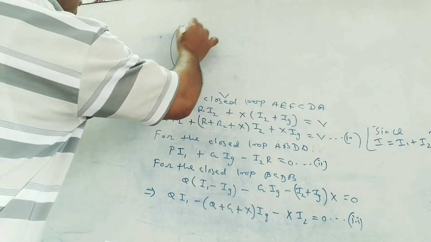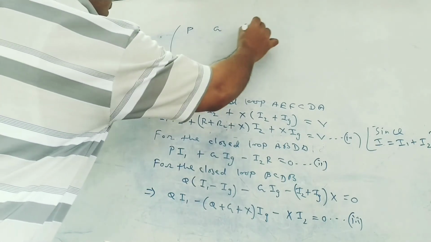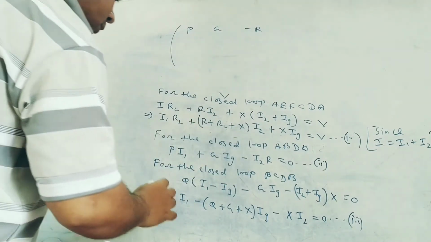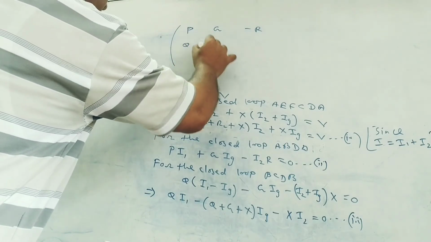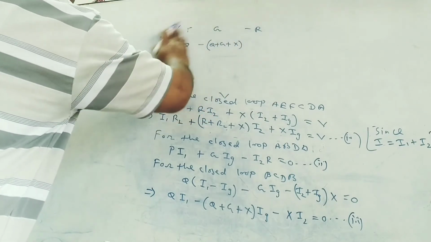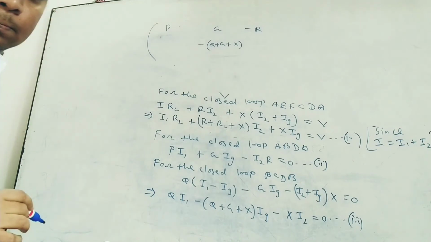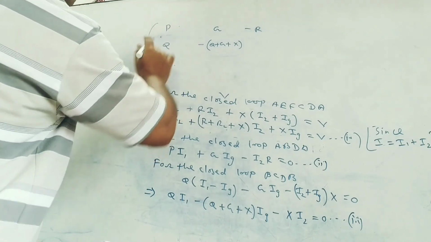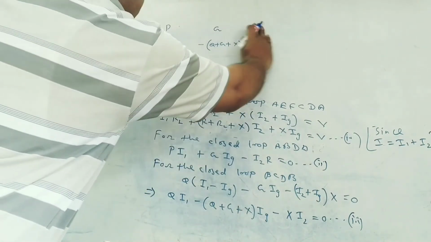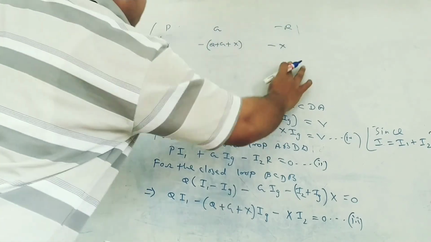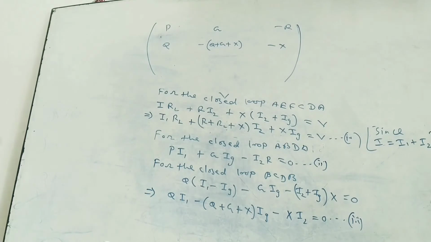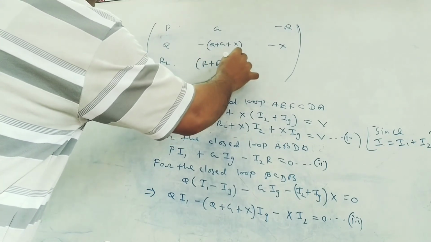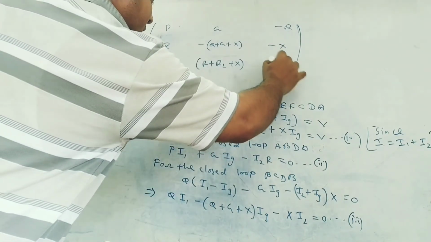That is P, G minus R, Q, minus Q plus G plus X, and this is minus X. In this equation RL, this is R plus RL plus X, and this is X.